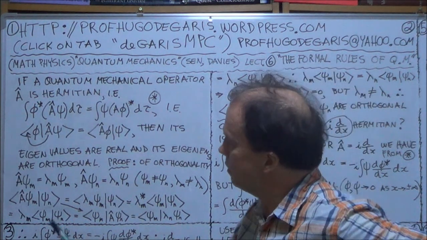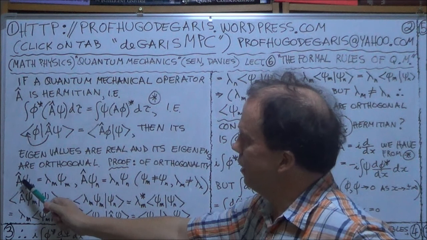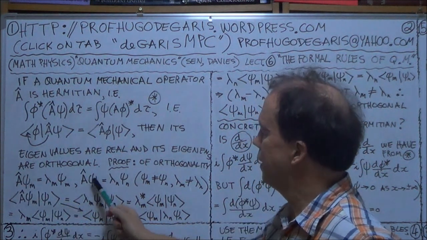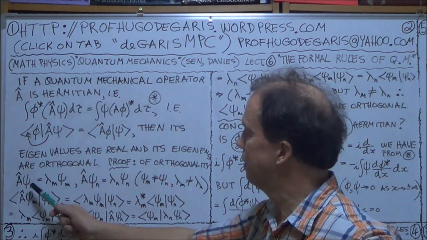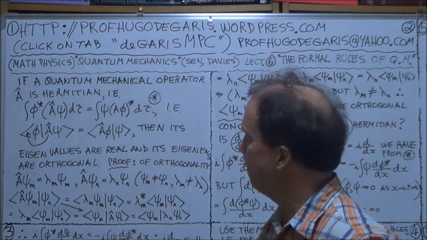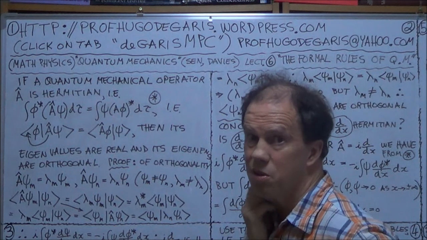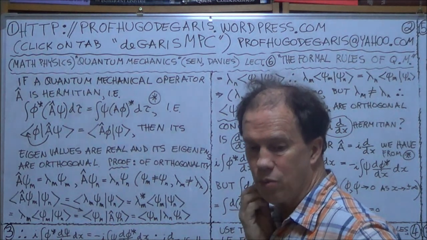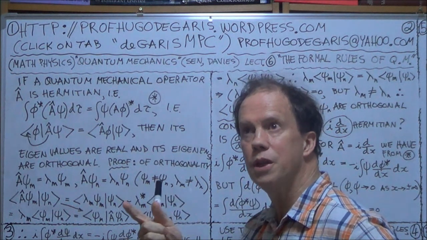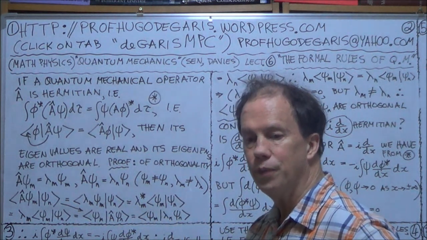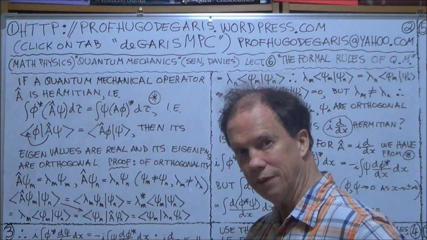All right. So let psi m and psi n be two different eigenfunctions. As usual, we're working in a context where there is no degeneracy, so for each eigenvalue, there's only one eigenfunction.